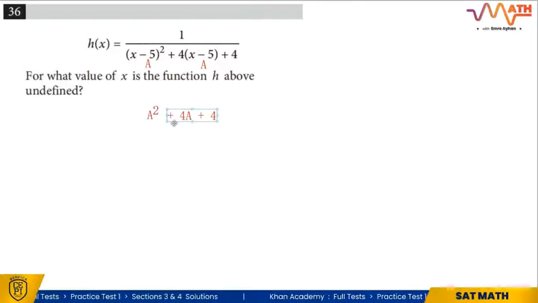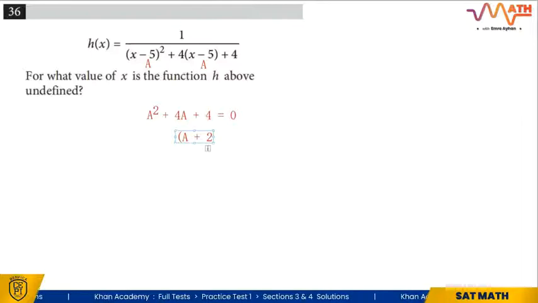And when this quadratic expression is undefined, it's not about being undefined, it's about when it is equal to 0. When it's equal to 0, this is the square of a plus 2, right? It's a perfect square, because the square of a plus 2 is equal to 0.